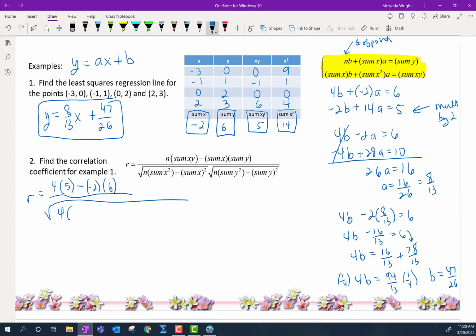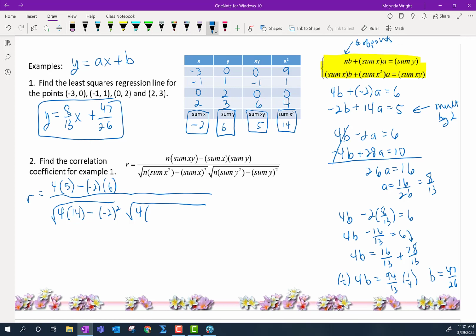Sum x squared is 14. And then sum x, squared, so that's -2 squared. We have 2 radicals under there. Oh, we are doubly blessed, right? So I've got a 4 for n. Sum y squared. Ooh, we don't have that one yet.